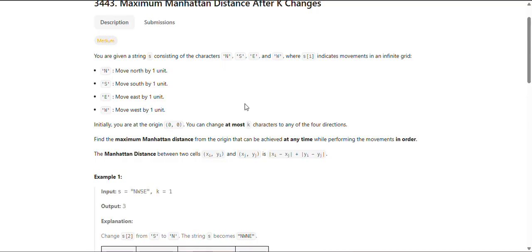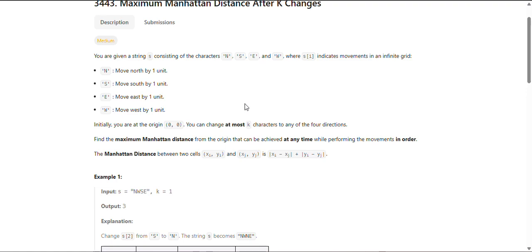So gathering all the thoughts together, I'll be traversing through the entire string once, and I check for the current Manhattan distance, and I check for how much more I can get.